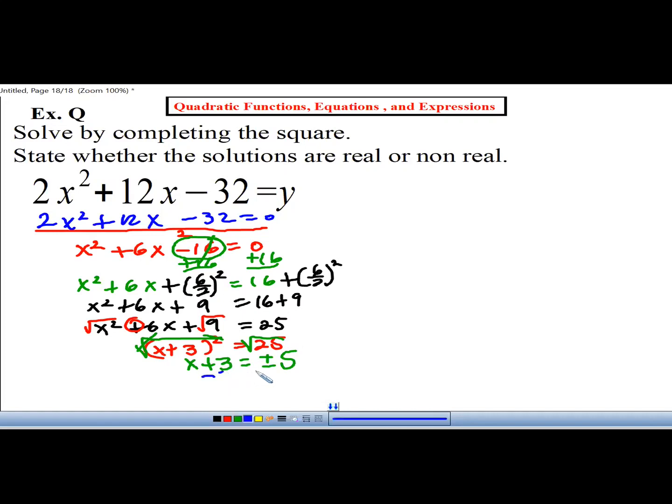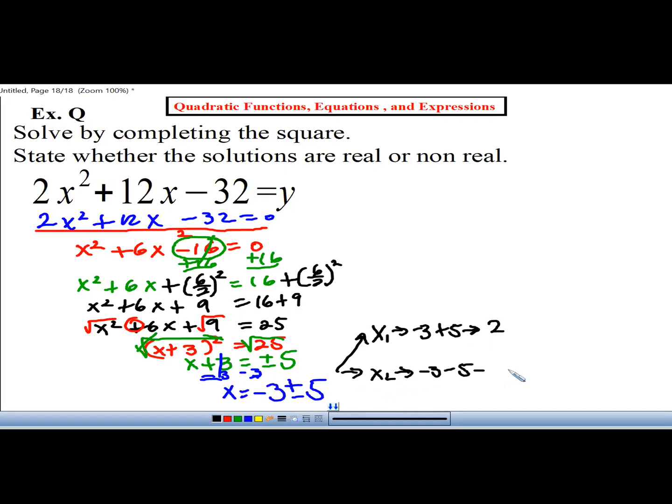Minus 3 on both sides. X equals negative 3 plus or minus 5. And last, we write our two equations: x sub 1 is negative 3 plus 5, which is 2, and x sub 2 is negative 3 minus 5, which is negative 8.